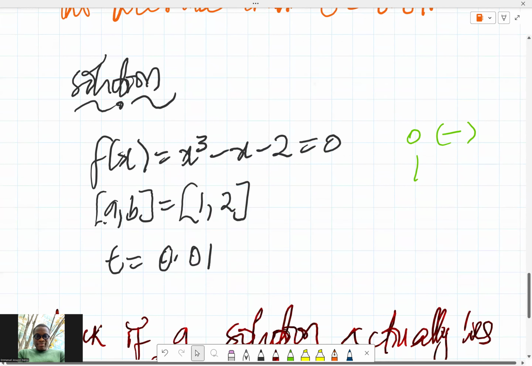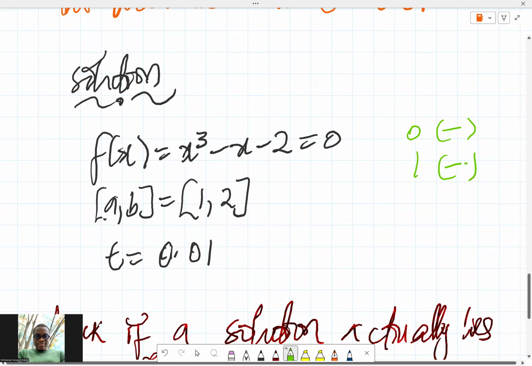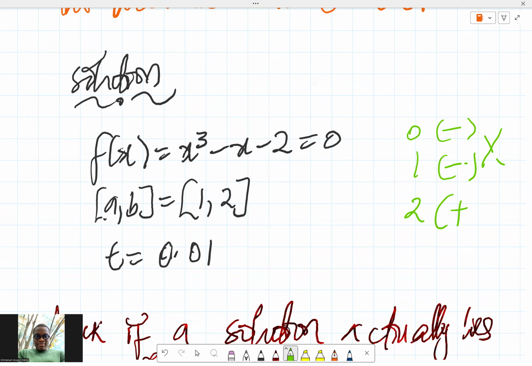So automatically, no solution lies between 0 and 1, because the signs are the same, and if you multiply, you get something positive. But if you substitute 2, what you get is positive when you put it into the function. So it means that a solution lies within 1 comma 2. Once you see these two together like that, you can now begin to look for the solution within that interval.